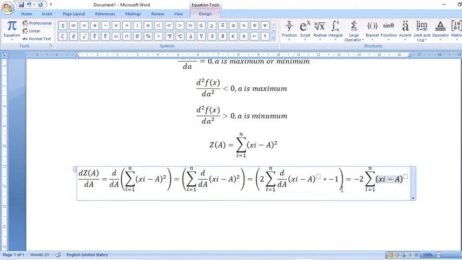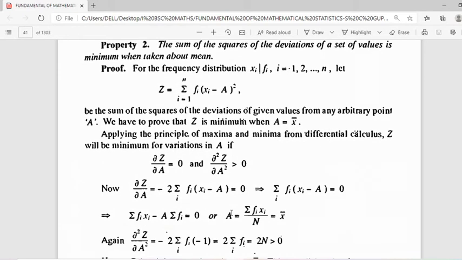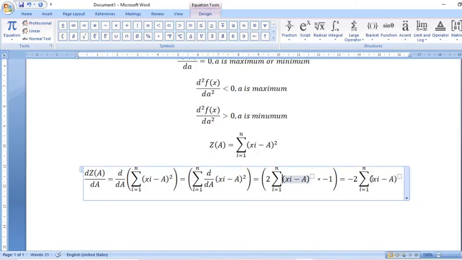We don't want the other term because we have already differentiated that with respect to A. This is only a simplification. Now we can say that dz by dA equal to 0.